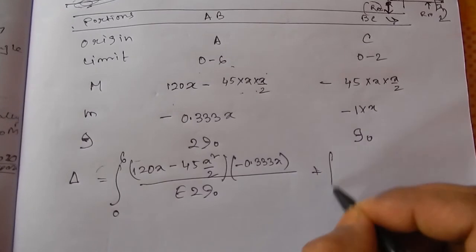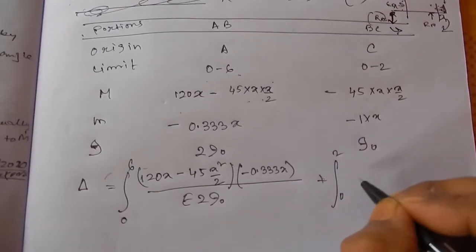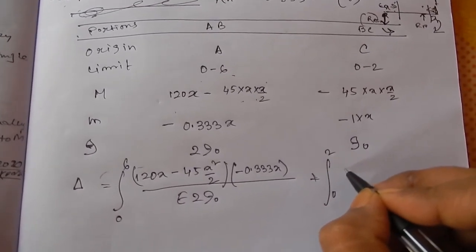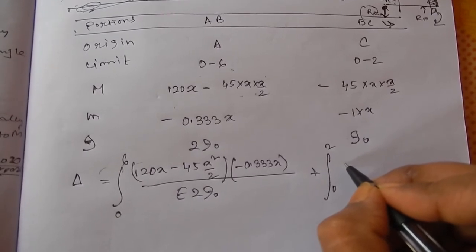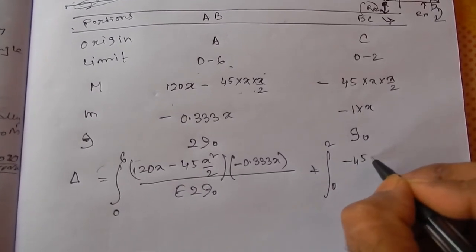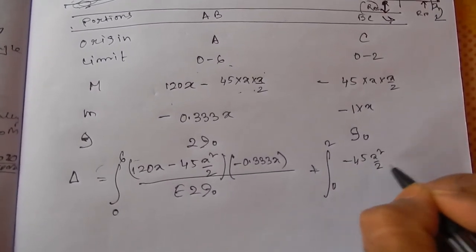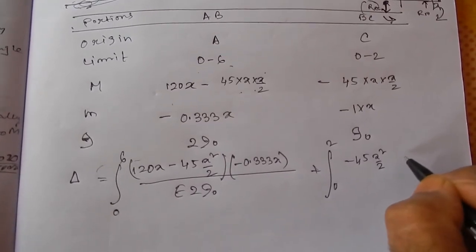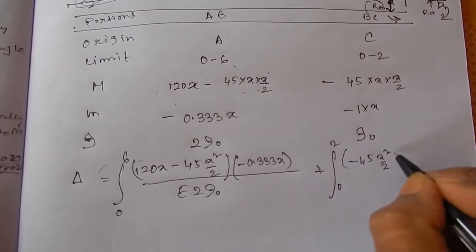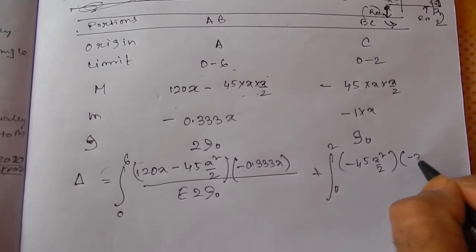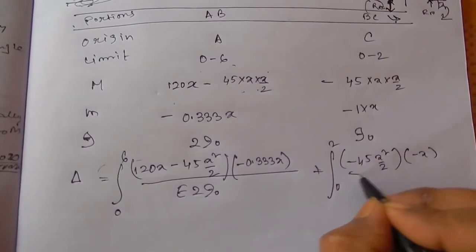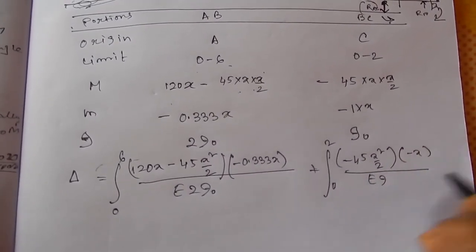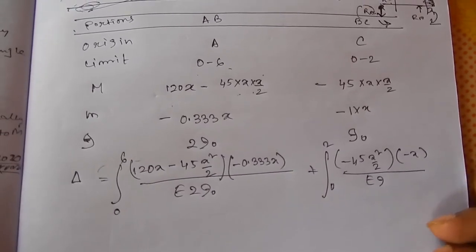For BC part, the integration will be from 0 to 2. Capital M is equals to minus 45 x square by 2, right? And small m is equals to minus x divided by EI, right?